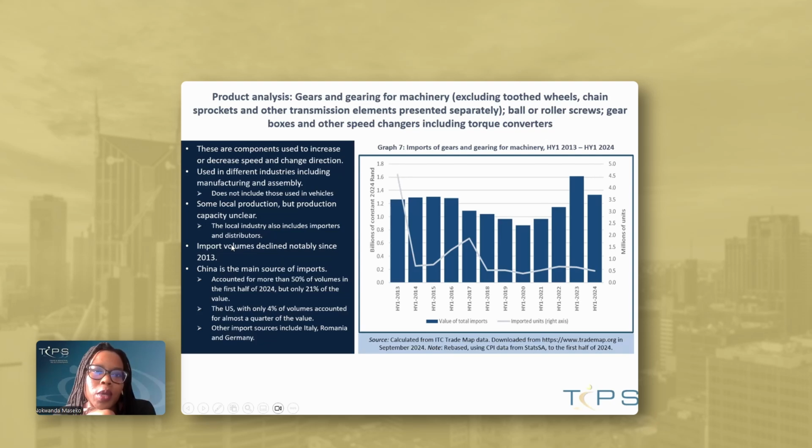So assuming here, for example, that the kinds of gears that are coming in from China might be slightly smaller and used in smaller machinery compared to what's coming in from the US. So we're not necessarily clear on the breakdown of those particular goods, but I'm making this point to say that it is important to note some of the big discrepancies in the volumes imported and the actual value of those particular imports.